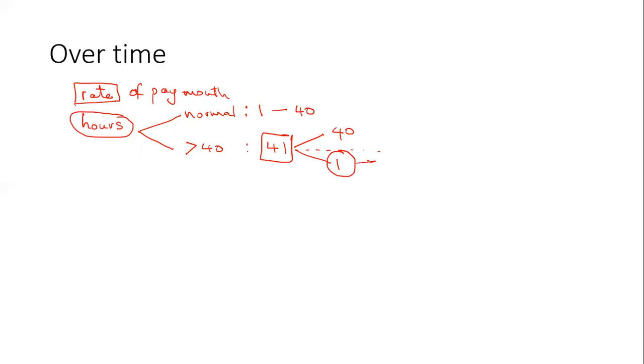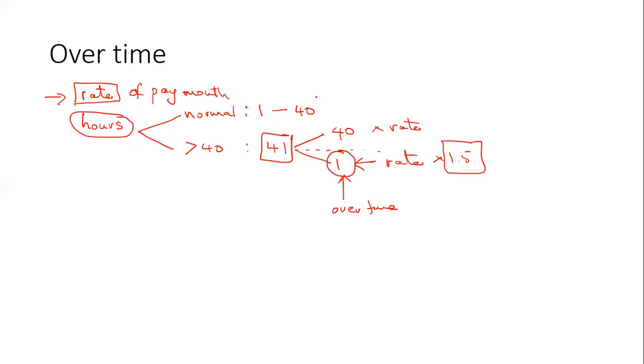For this 1 hour, the employee should be paid at the normal rate, but we also have to multiply that by 1.5. So the employee gets the overtime, which is a bit more than the normal. The first 40 hours are at the normal rate, and the overtime hours are paid at the rate times 1.5.